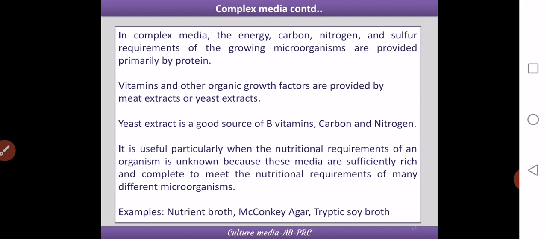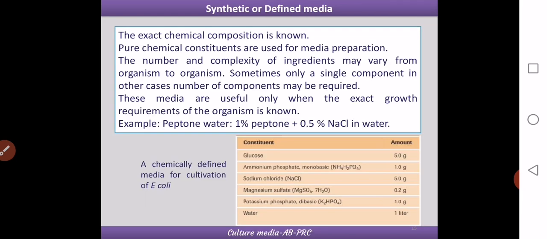That means a very complex media which contains many substances which could be used by the microorganism. So this media is sufficiently rich and complete to meet the nutritional requirements of many different organisms. That's important. So if the nutrient requirement of an organism is unknown, we can go for complex media as a choice, right? Nutrient agar again comes under this as an example. Then MacConkey agar, tryptic soy broth, all those are different examples.